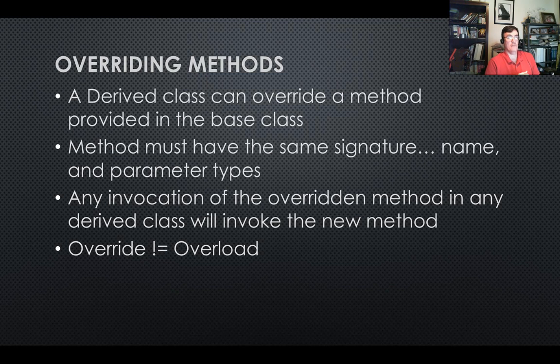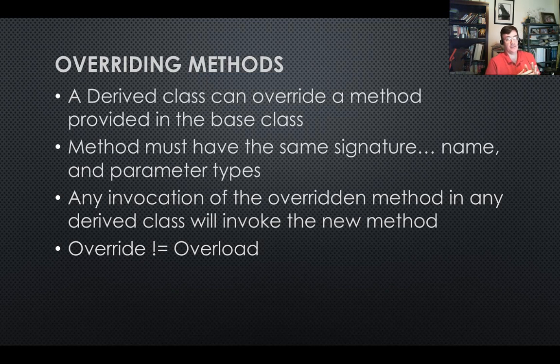Anytime we invoke a method in an instance of a derived class that's been overridden, we will actually invoke the overridden method. It doesn't matter whether the object reference we're using to reference the method is a reference to the base class or a reference to the derived class. What matters is what the reference is pointing to.